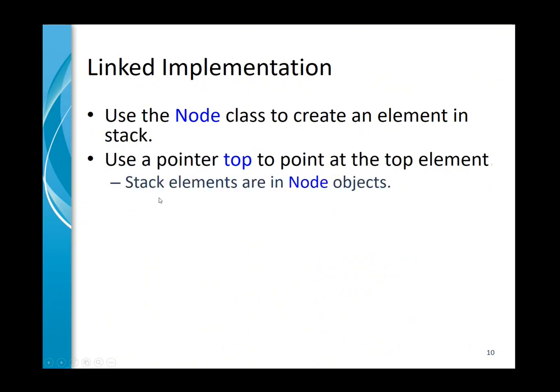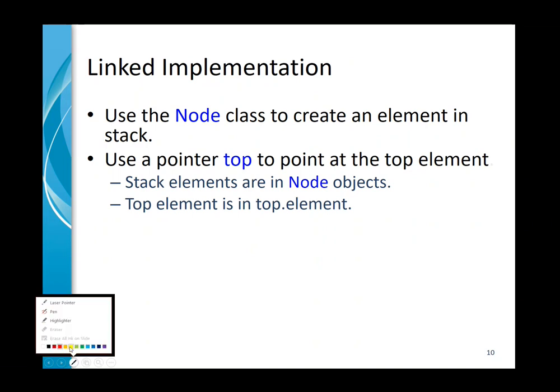The stack elements are nodes in the object, so the top element is in top.element. You can see the difference: this element is actually the content of the node that is stored, and top is actually the pointer, as mentioned, pointing at the node.